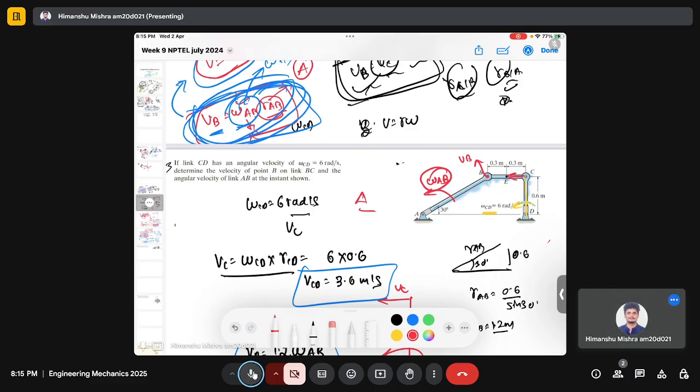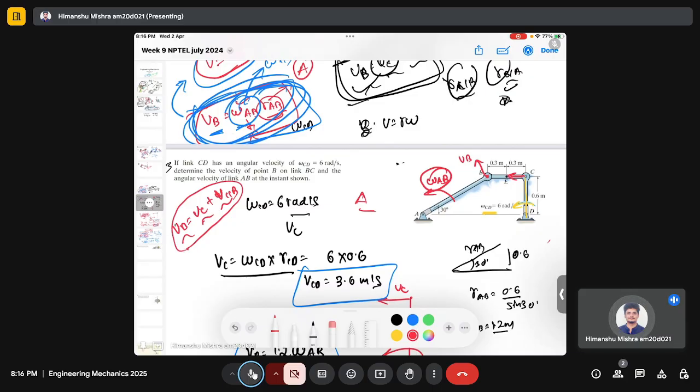So what are the things we can use then? First we can use VB equals VC plus VC with respect to B. We are using this formula from last class.